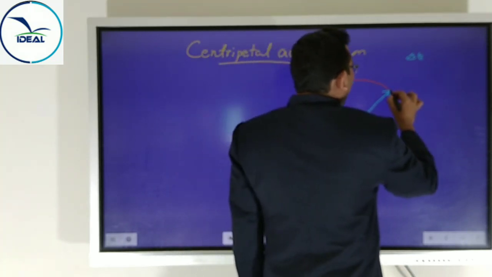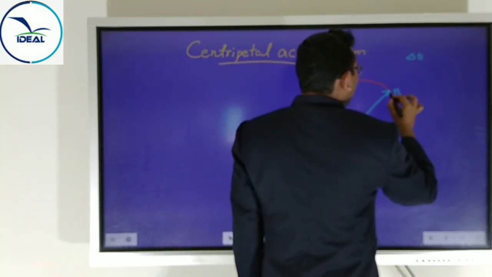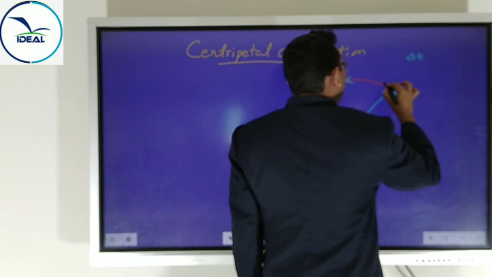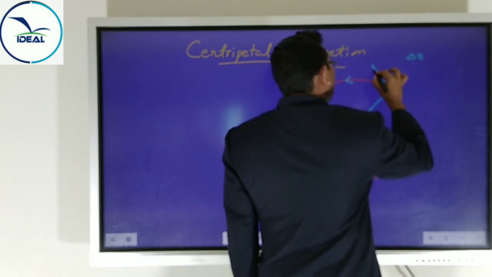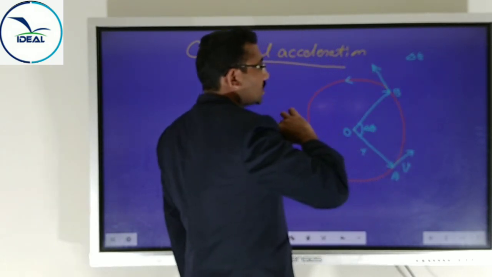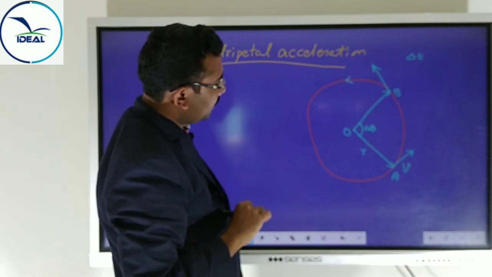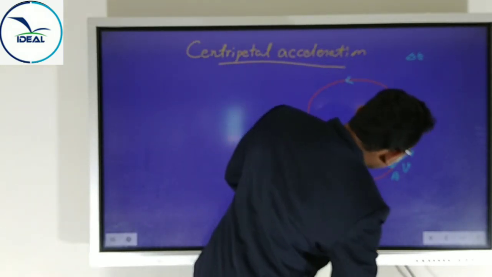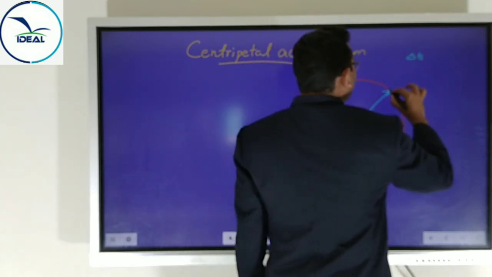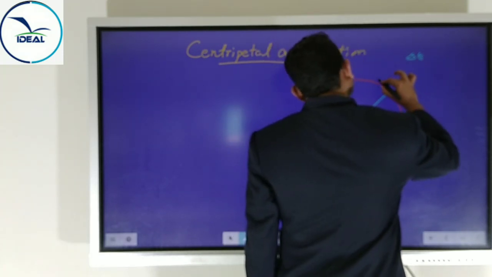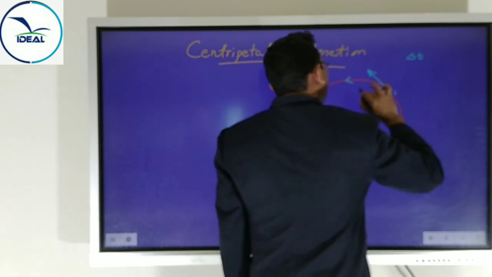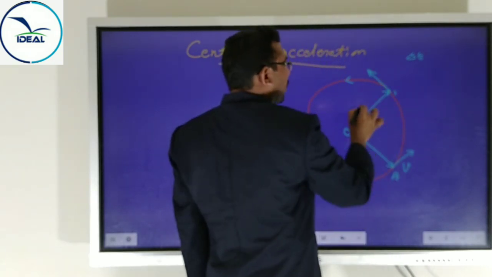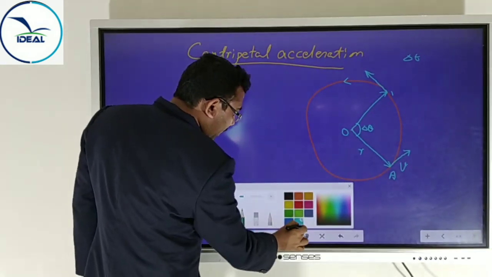and at the second point B, the direction is tangential to B. Please note an important point. When we draw the tangent in a circle, the tangent is always perpendicular to radius.